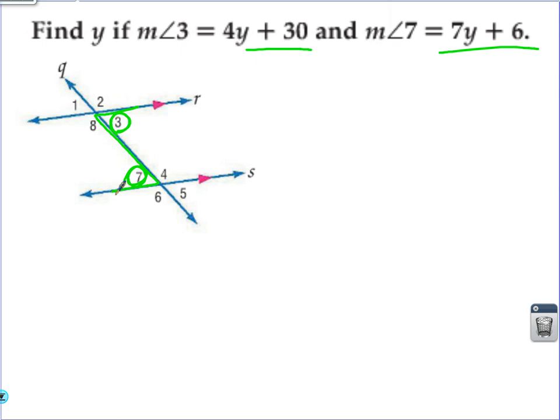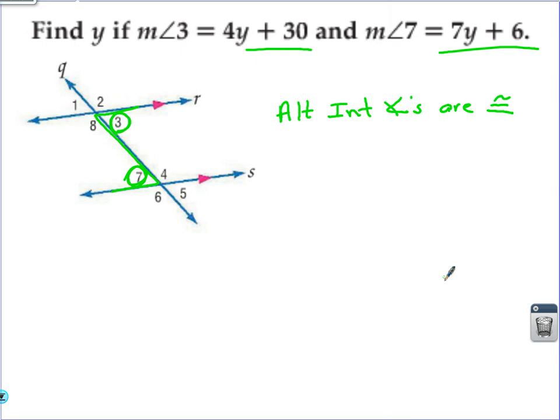They're on different sides, right? There you go. They're on different sides, so they're alternate. And they're on the inside, so they are interior. What's the relationship always between alternate interior angles? Anybody? Yep. Always congruent. Alternate interior angles will always be congruent.